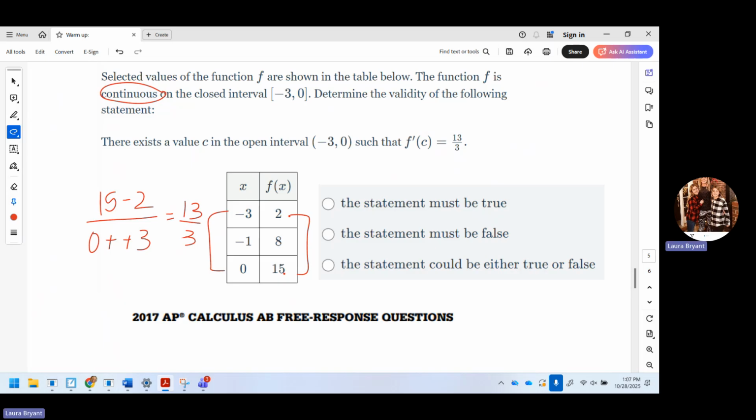Okay, so I'm able to get the same slope. But the question is, would this always be guaranteed true?